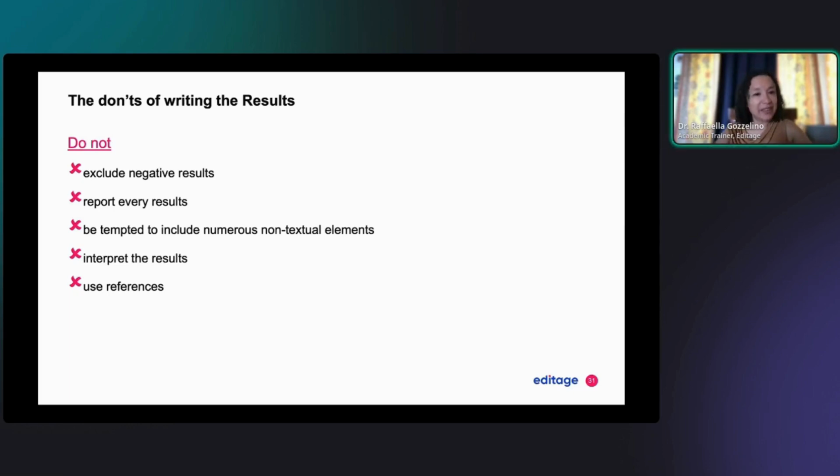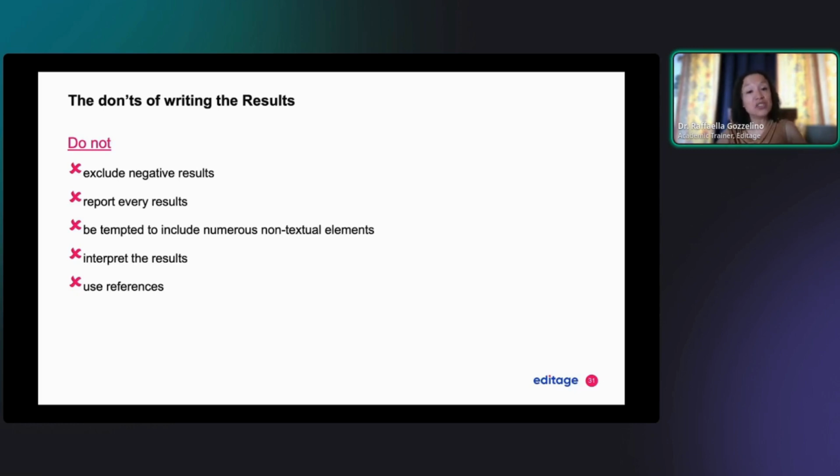So do not report every result you obtained, because it's a manuscript, it's not an encyclopedia. Remember that, contrary to the expectation of early career researchers or students, it is less than 5% of what you produced in a PhD program that you publish. Don't be tempted to include numerous non-textual elements.